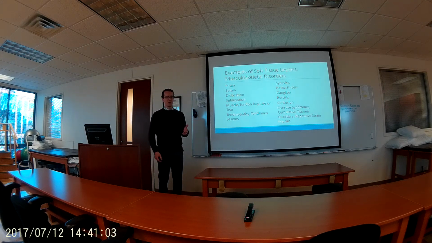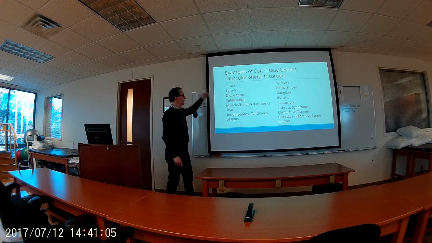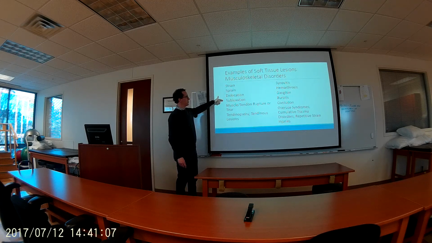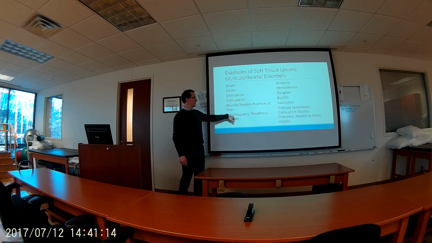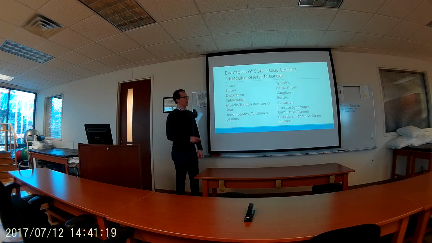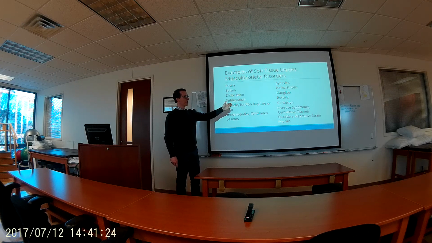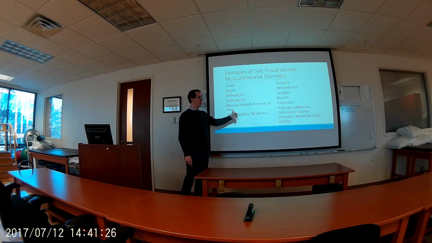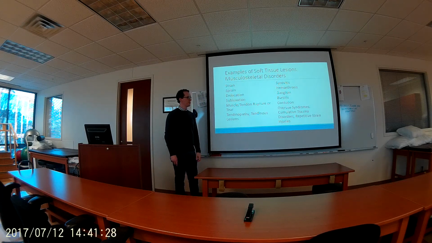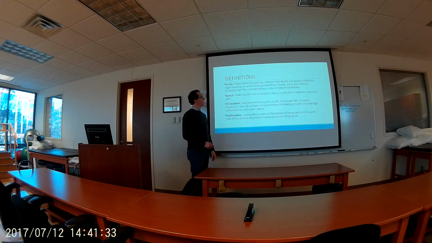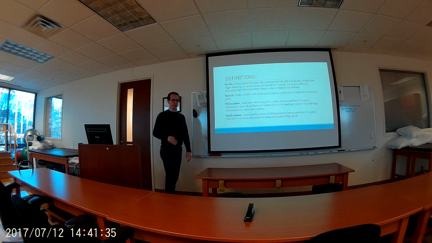By the time we're done, I want you to feel comfortably able to talk about strains, sprains, dislocations, subluxations, and the difference between those; the types of muscle and tendon ruptures or tears that you might see; the difference between a tendinopathy, a tendinitis and a tendinosis; what synovitis and hemarthrosis are; the difference between a ganglion and a bursitis or bursa; the difference between a contusion; and some obvious overuse syndromes, cumulative trauma disorders, or repetitive strain injuries. So, some basic definitions before we begin.